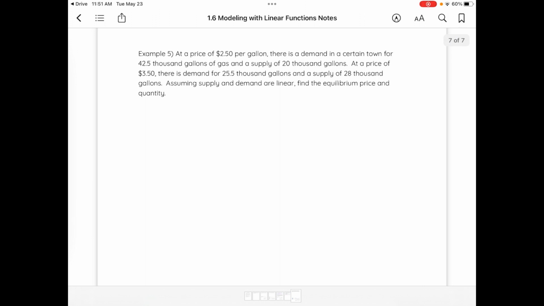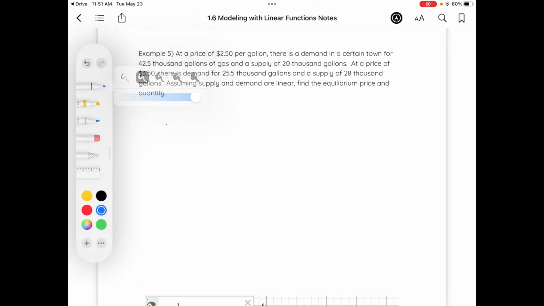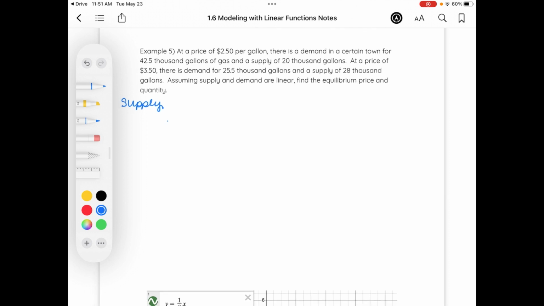Let's first start off by just looking at supply, and then we'll focus on demand. So when I'm looking at supply, my supply of 20,000 gallons is at the price of $2.50.